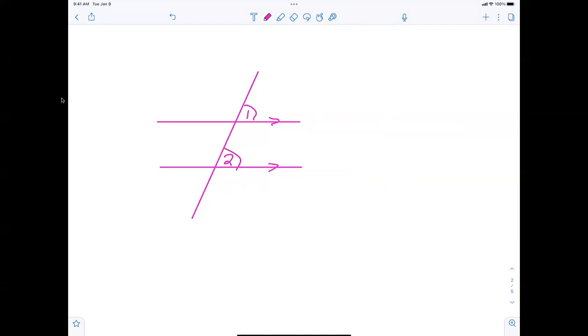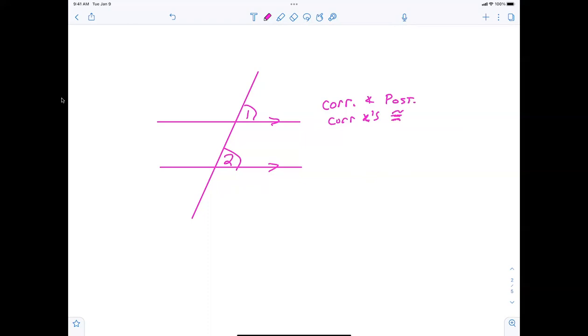Because they're what? The corresponding angle postulate. For me, I don't really write that out. I just write corresponding angles are congruent.